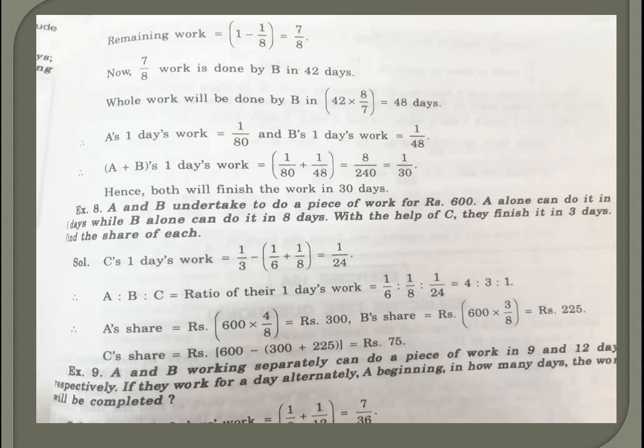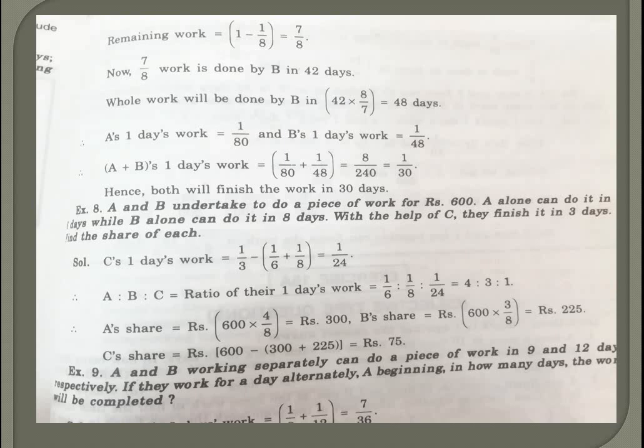I have to consider the total days, that is 42 divided by the part of the work, that is 7 by 8. When you are cancelling, you will be getting 48 days. So A's alone work is 1 by 80 and B's alone work is 1 by 48. They have asked together. So A plus B's 1 day's work we have to find, and the final answer is 30 days.